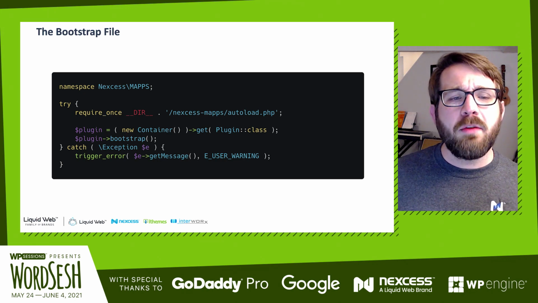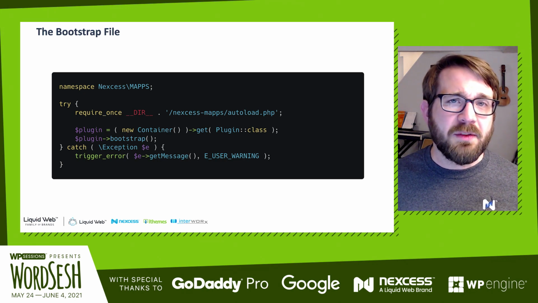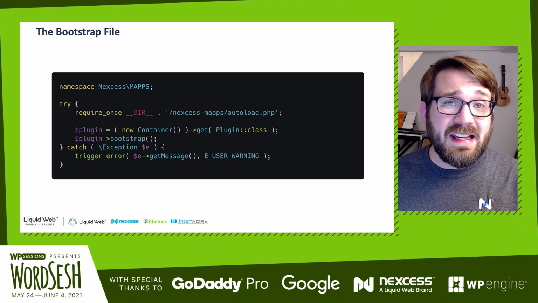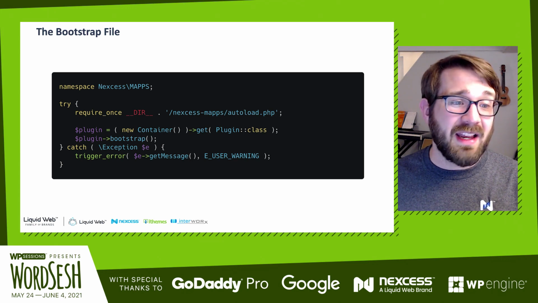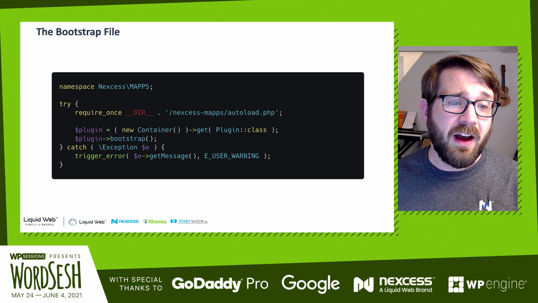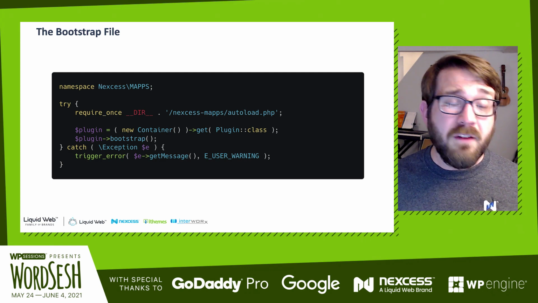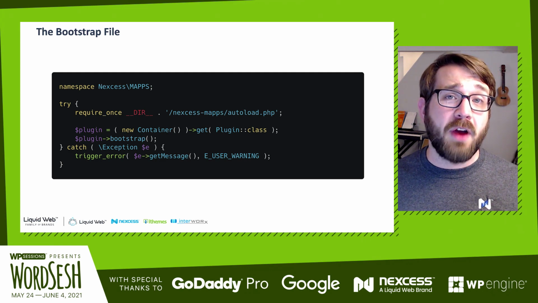Now, because MU plugins don't get activated in the same way as regular plugins, we need to define a single entry point. In this case, it's that wp-content/mu-plugins/nexusmaps.php file. So this is an abbreviated version of the Bootstrap file with a few key things to note. First, we're wrapping the whole thing in a try-catch block.